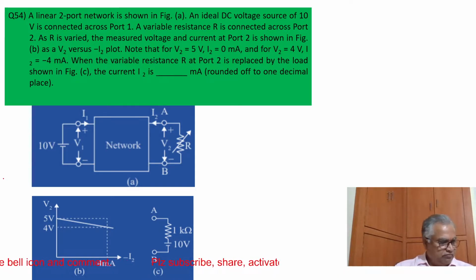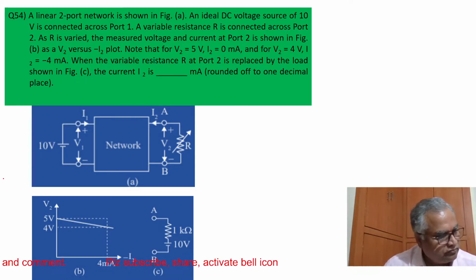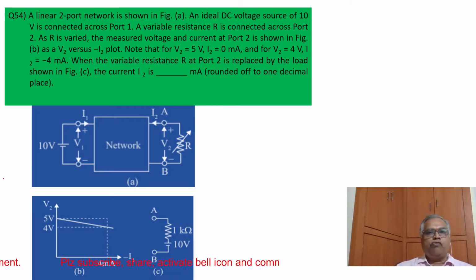This is the last question, for ECE students. A linear two-port network is shown in the figure. An ideal DC voltage of 10 volts is connected across port 1. A variable resistance R is connected across port 2.